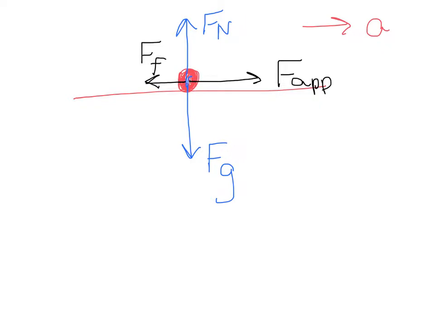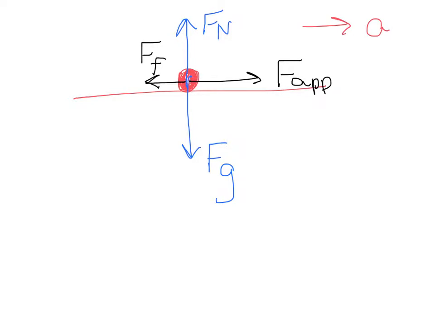This shows us that it's moving to the right because our force applied arrow, our vector, is longer than our friction vector. It's not moving up or down because our force normal vector is about the same as the force due to gravity vector. Now what if we have air resistance also?